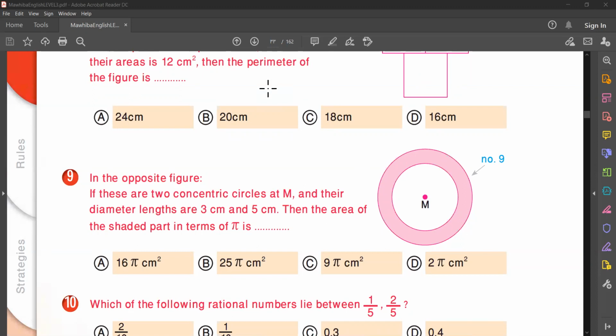We find the area of the big circle minus the small circle. Okay, what about the radius?